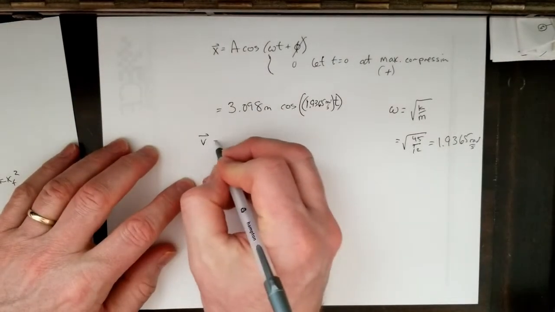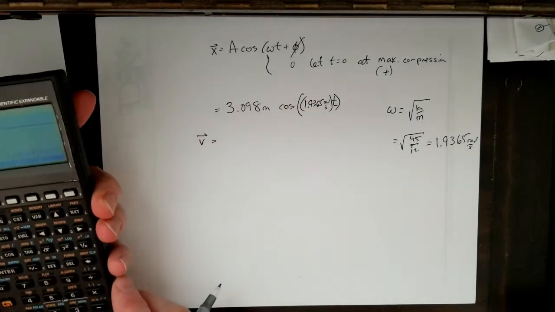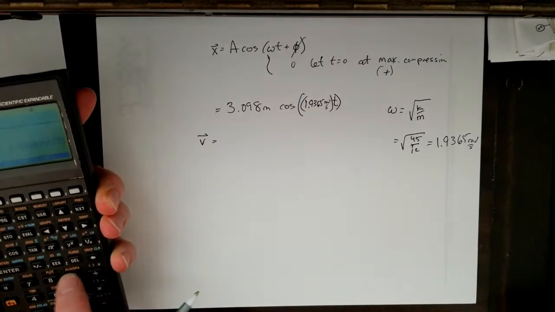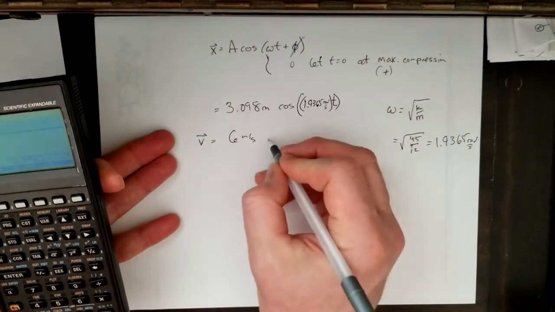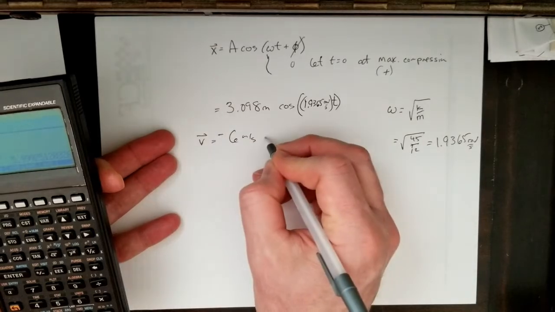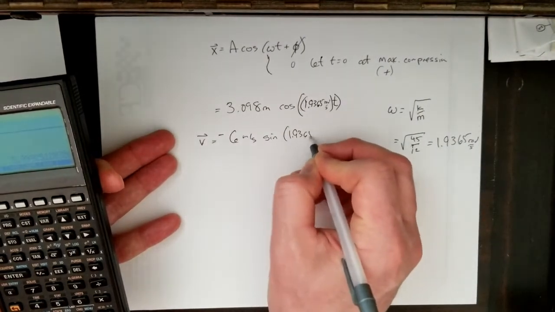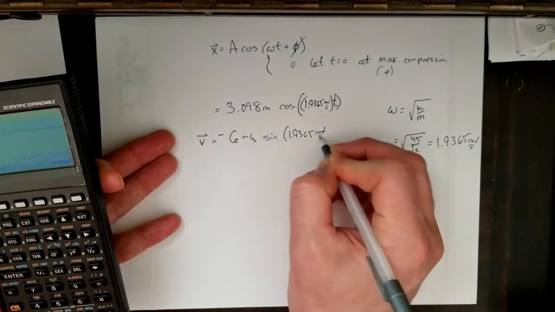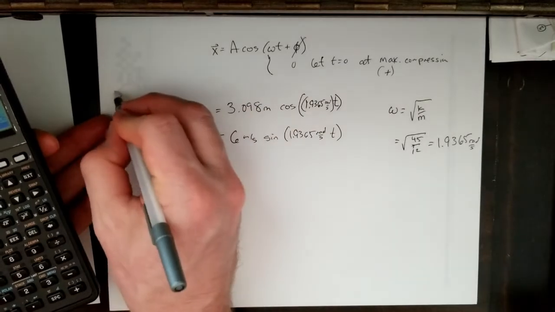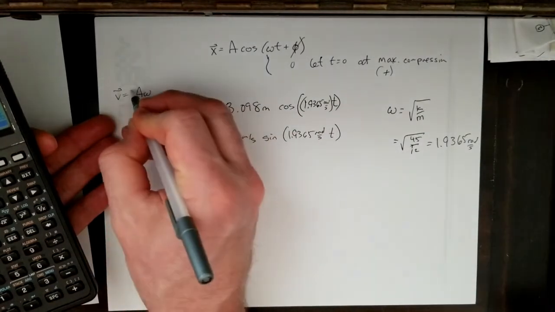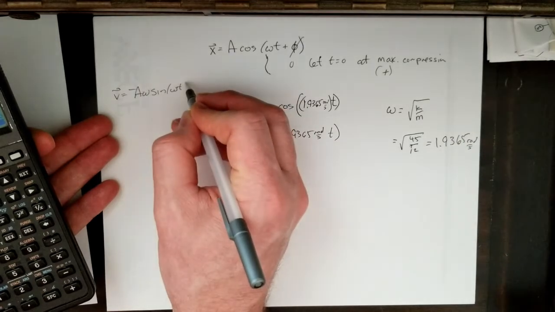My velocity is going to be those multiplied together. So 3.098 times 1.9365, and lo and behold, we get 6 meters per second. It'll be negative 6 meters per second times the sine of 1.9365 radians per second times time. Because don't forget, my velocity is negative A omega sine of omega t plus phi.